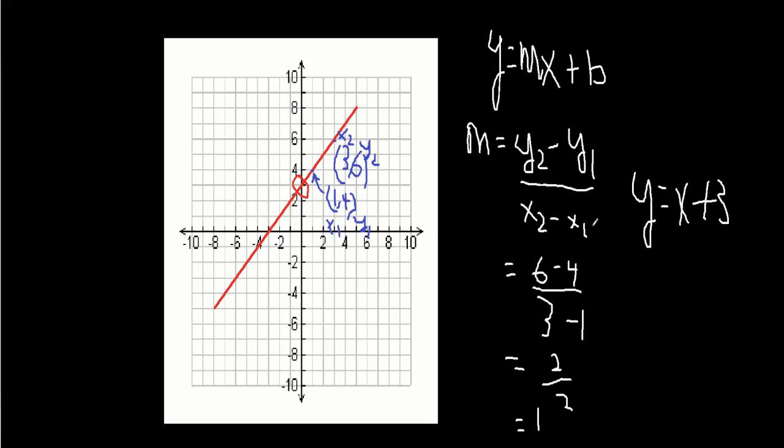Sometimes rise over run is easier, because in this example we could take this point here and this point, and we know that our rise is here and our run is here, since that would form our right triangle. And our rise would be 3 and our run would be 3, so 3 divided by 3 is 1. We still get the same result, we're just using different methods. You can use those two methods and get our equation y equals x plus 3.